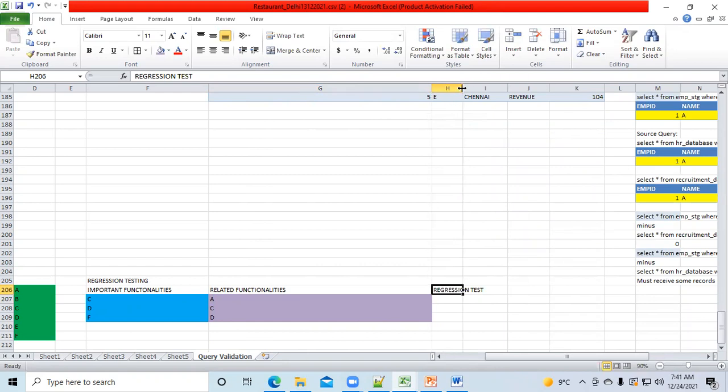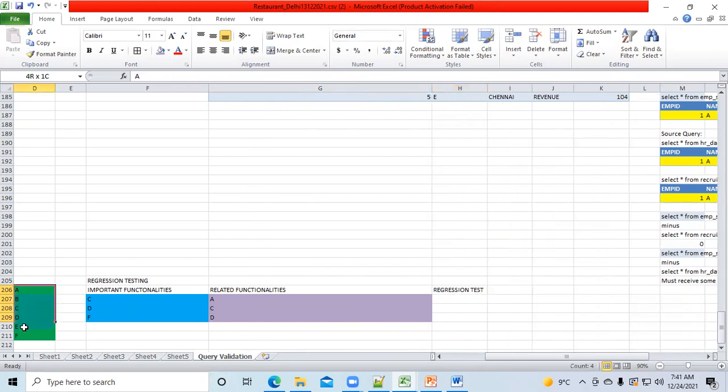Now you have tested all the functionalities A, B, C, D, E, F. All are working perfectly. Okay. So after this, you should do regression test. Why? Because while testing this, suppose you have raised a lot of defects. And you have done the sanity testing as well.